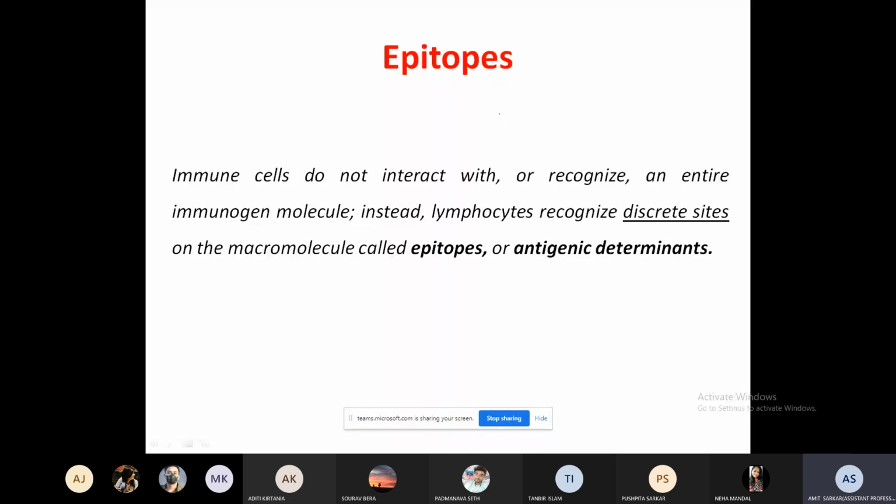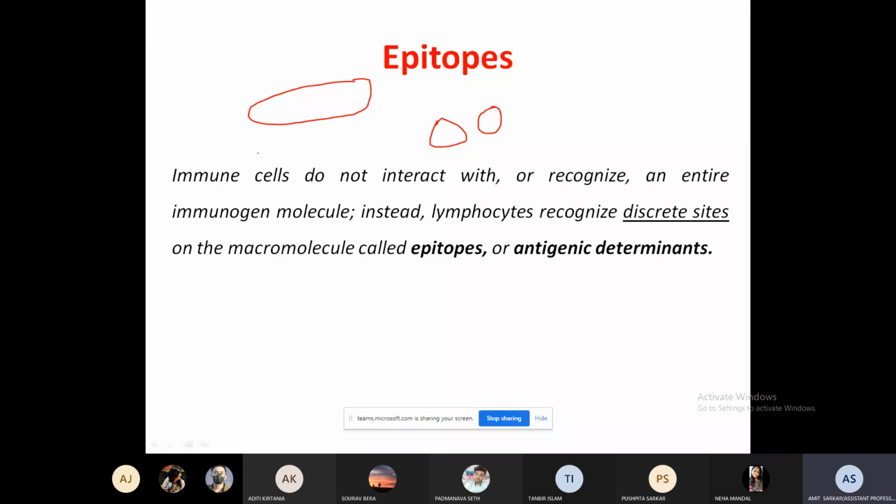Well, when I'm talking about antigen, or rather we should say immunogen, you can imagine one bacteria maybe is an immunogen. Now, our immune cells, such as B cell or T cell, do not have the capability to recognize the whole bacteria, the whole virus, the whole fungus, the entire molecule.